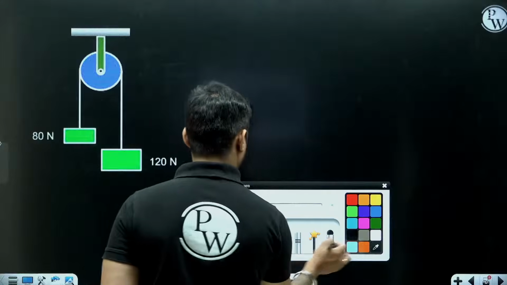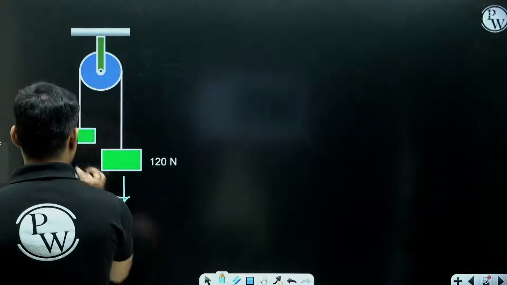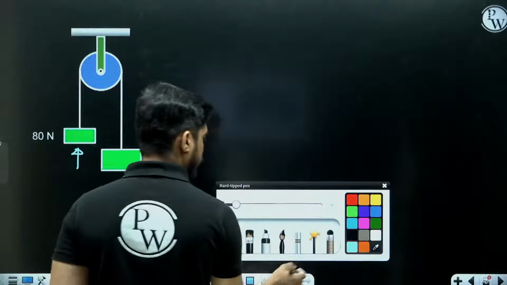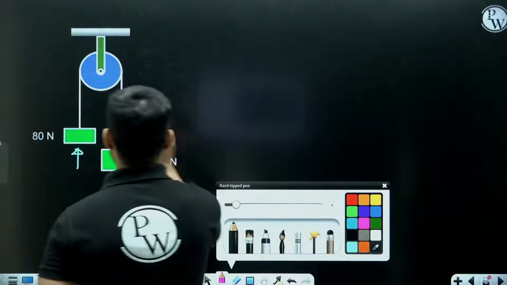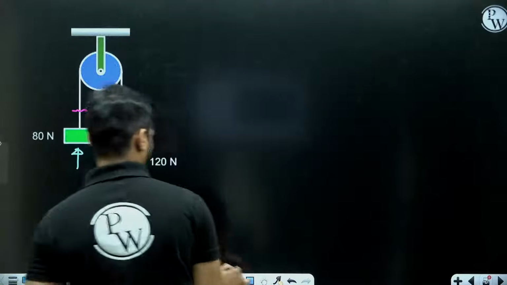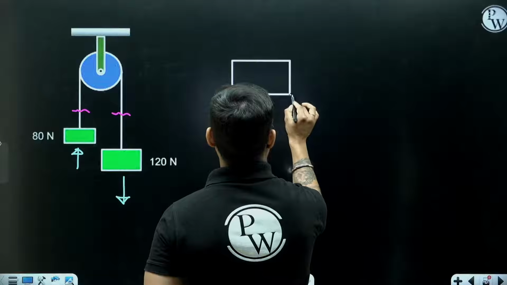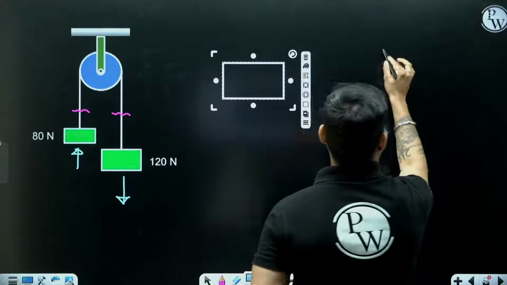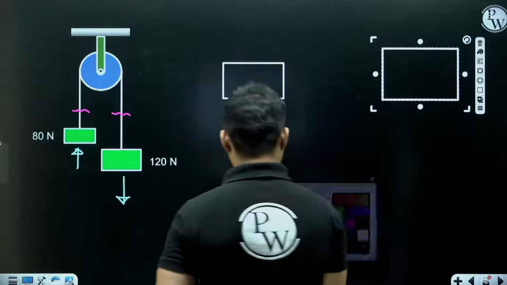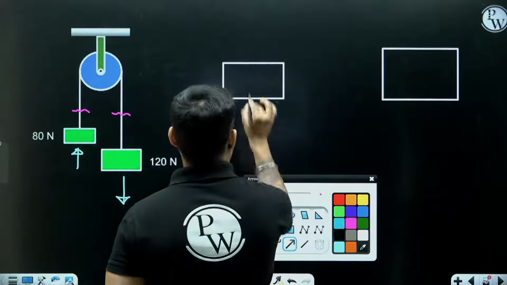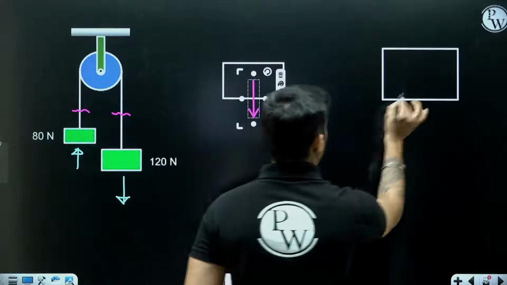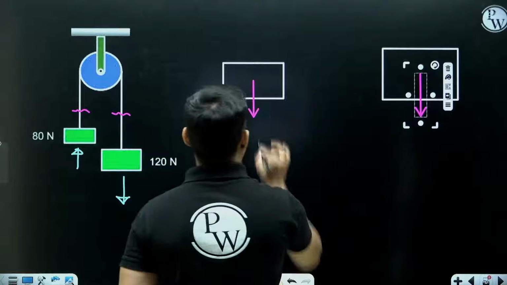This is moving downward, this is moving upward. So if I cut it like this, how the free body diagram will look, understand. This is the 80 Newton block and this is the 120 Newton block. So this is the weight 80 Newton, this is the weight 120 Newton.